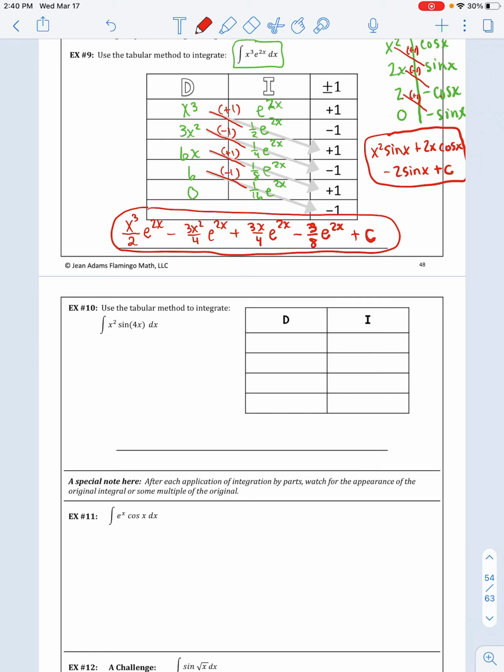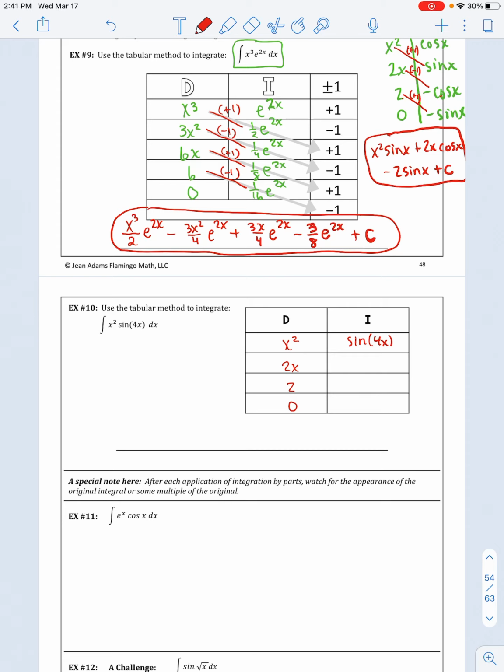But 10, it says use the tabular method to integrate. So this one should be pretty easy. We've got x squared, 2x, 2, and 0, because we just take the derivative all the way down. And then for the sine of 4x, when we integrate, what can I take the derivative of that will give me sine?